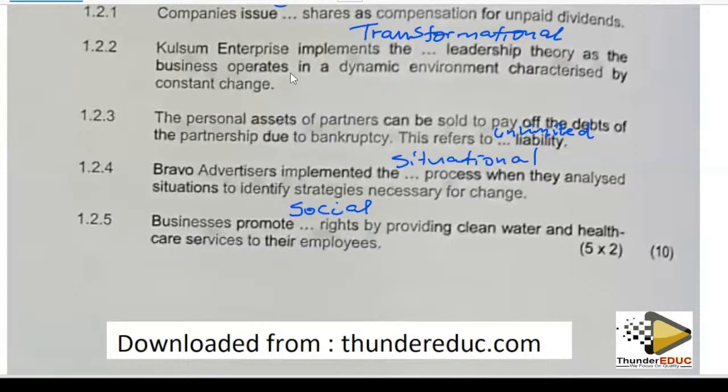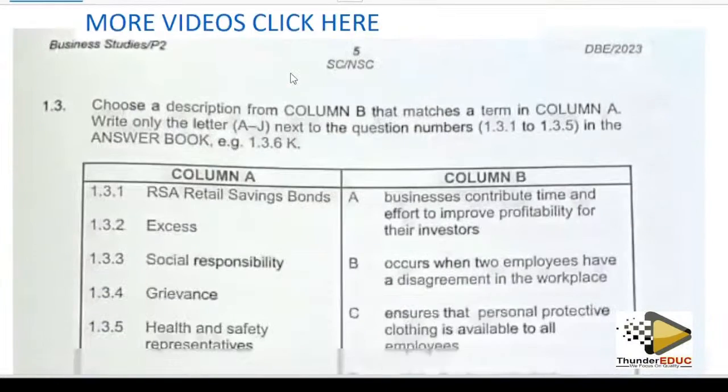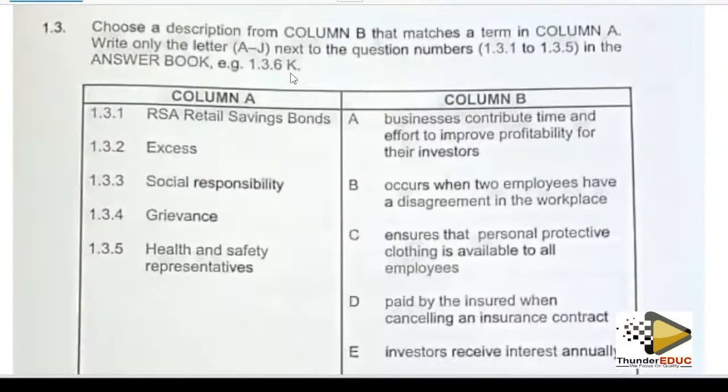Okay, grade 12, at this juncture we have already completed 1.2.5. Now we can jump on to 1.2.3. Remember, I always tell you that whenever you are dealing with this set of questions where you are given different columns, you are given column A as well as column B. In column A we have the concept, and in column B we have the description.